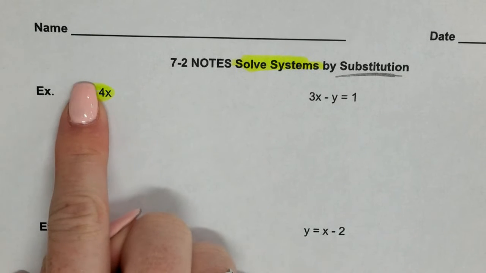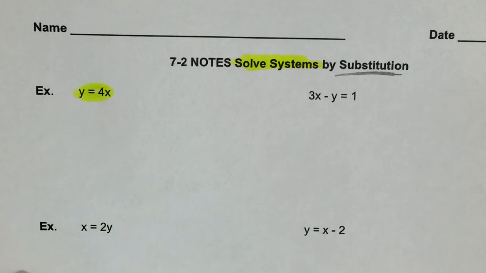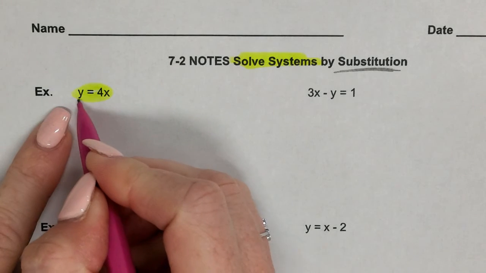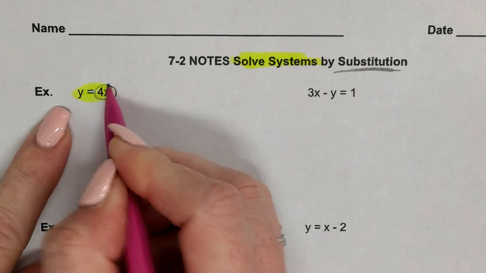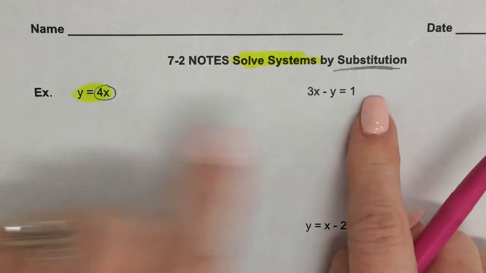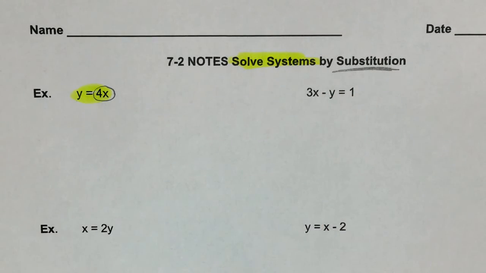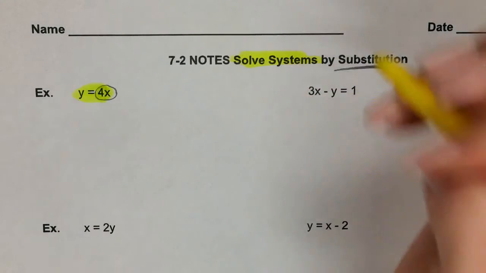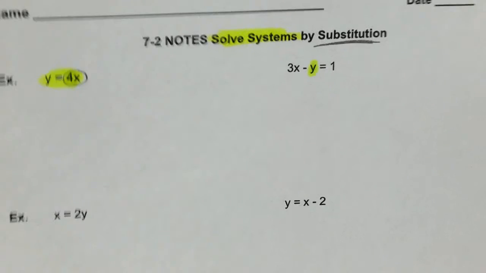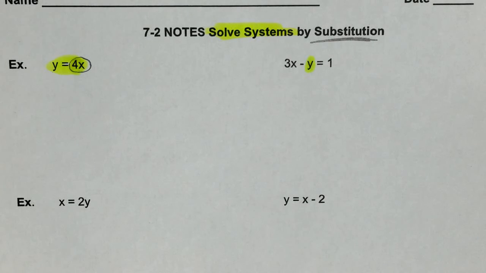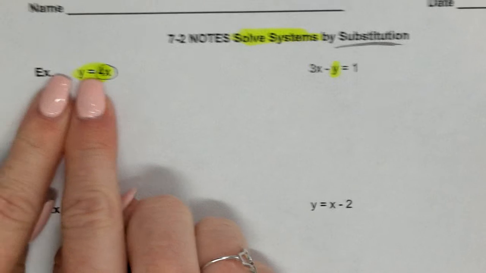Just use this one. What you're going to do is this is telling you y is equal to what? 4x. So what you're going to do is you're going to come over here and you're going to plug in 4x for that y. I'm going to say it again if you don't understand. You are going to substitute in what they're telling you y is.